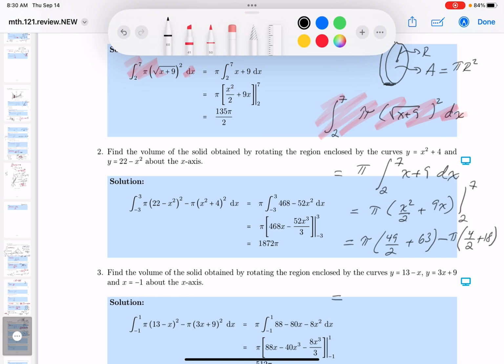I'm going to do the arithmetic. And pi is a common factor. So really what I'm doing is just 49 halves minus 4 halves, which is 45 halves. And then you get, let's see, 63 minus 18, which would be 45. Get my eraser, it doesn't look right.